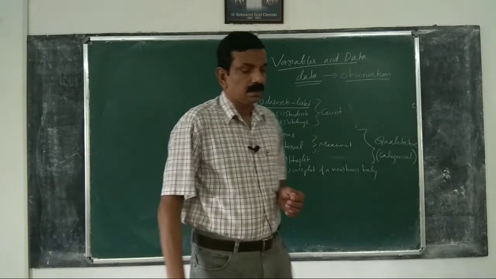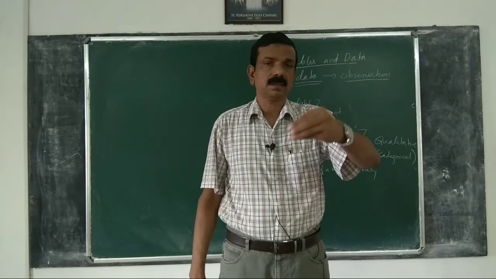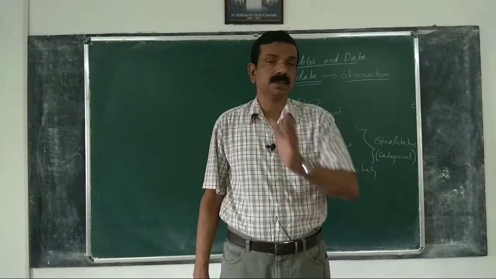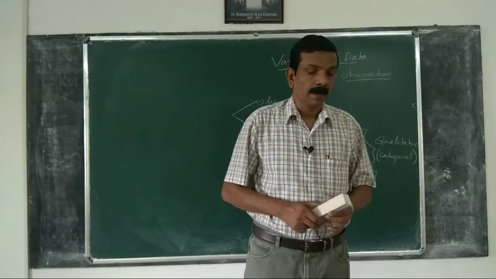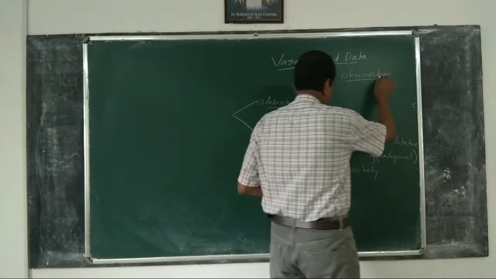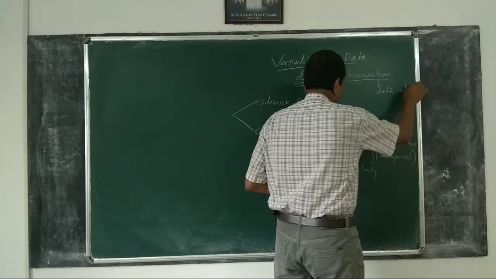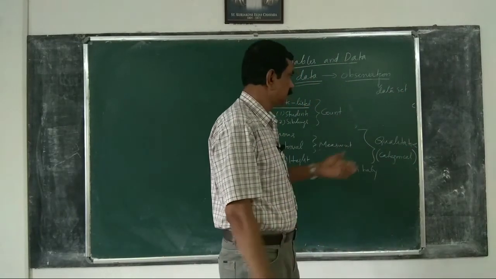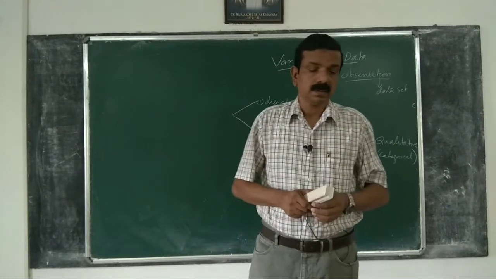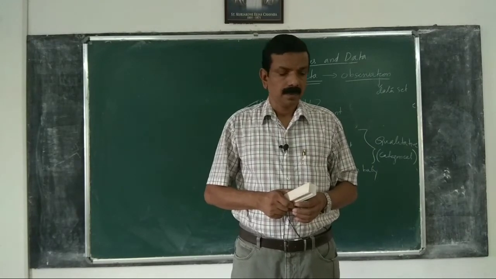For example, height of a person, weight of a newborn baby, color of a person: each individual piece is an observation, and the collection of all these observations is known as a data set. If you have 100 individuals and the height of all these 100 individuals, it is an example of a data set.